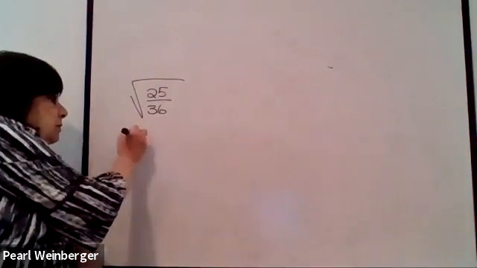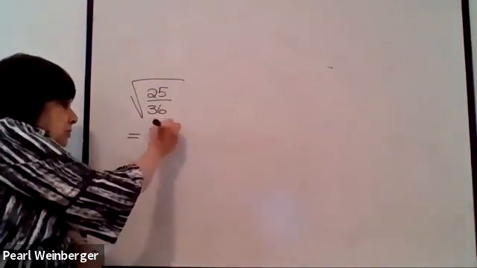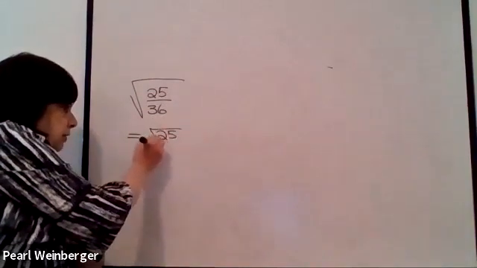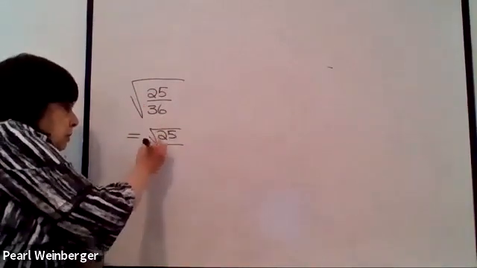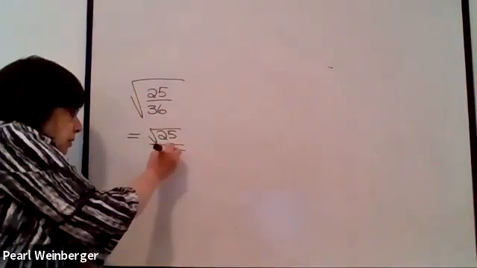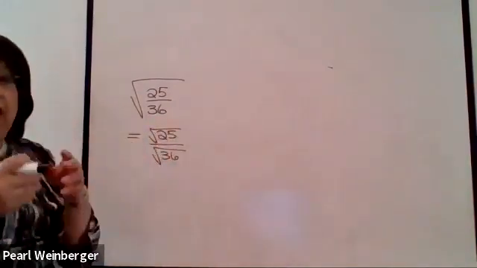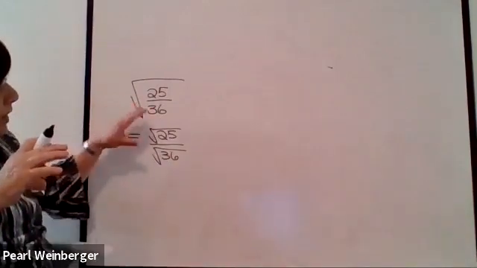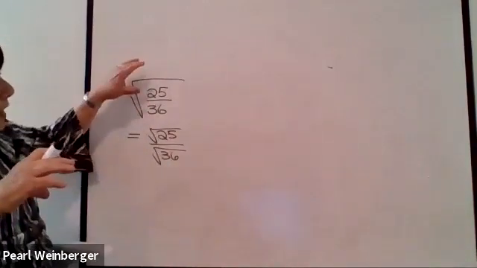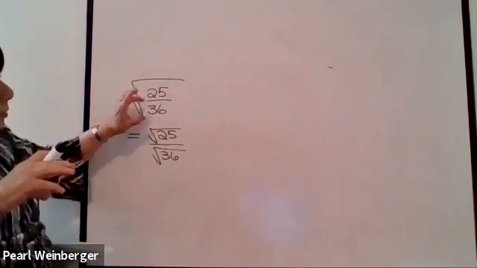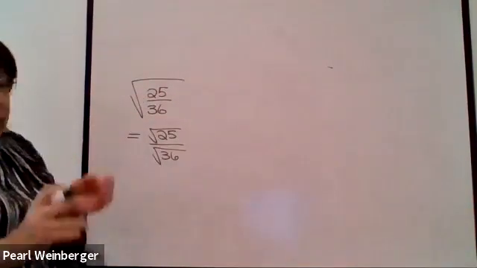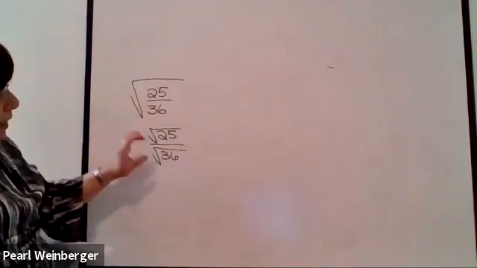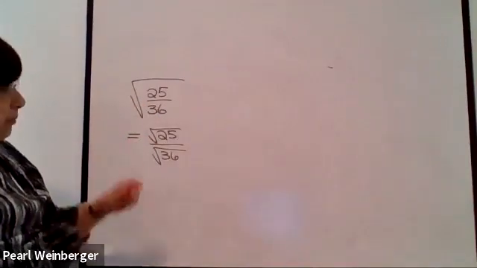It really means the same thing as having the square root of the numerator, the square root of 25, over the square root of the denominator. In other words, if you have a fraction inside a radical, break it up into a radical in the numerator and a radical in the denominator, and simplify your numerator separately and your denominator separately.